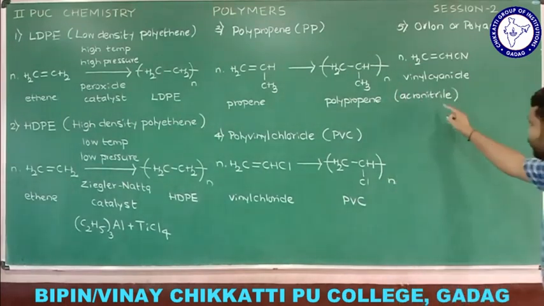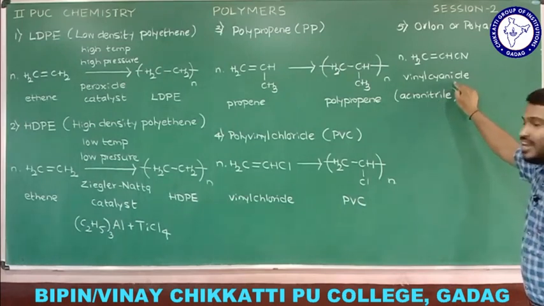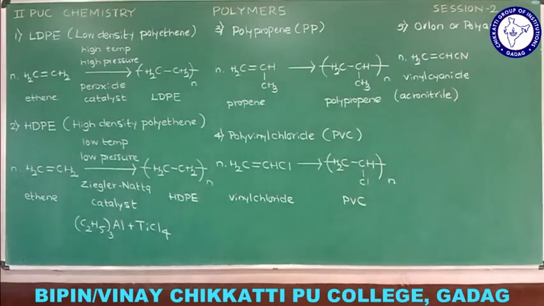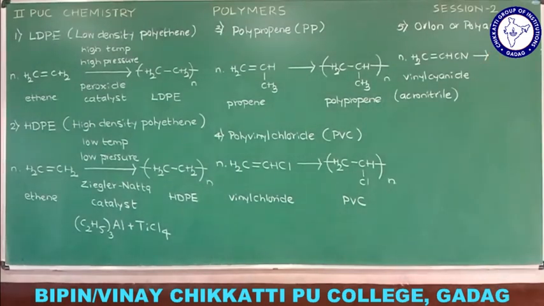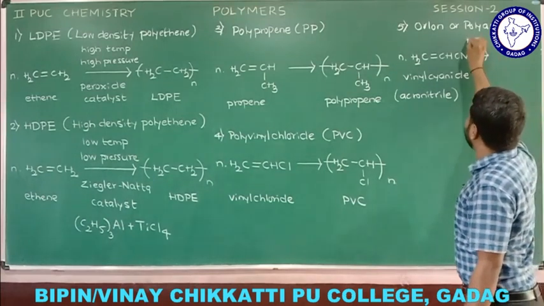Usually if we get the word acrylonitrile and don't remember quickly what the structure would be, try to know that acrylonitrile is nothing but vinyl cyanide, and in vinyl two carbons will be present. Vinyl cyanide is here. Now this undergoes polymerization, and here we are supposed to consider peroxide as catalyst.